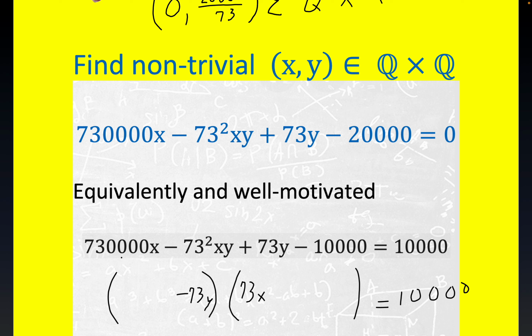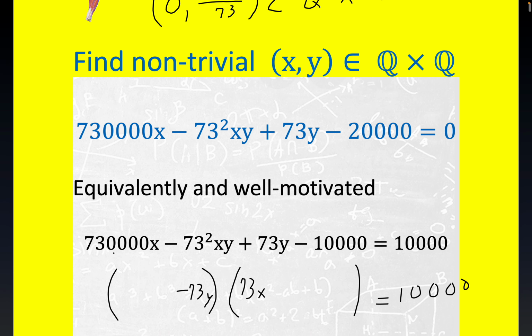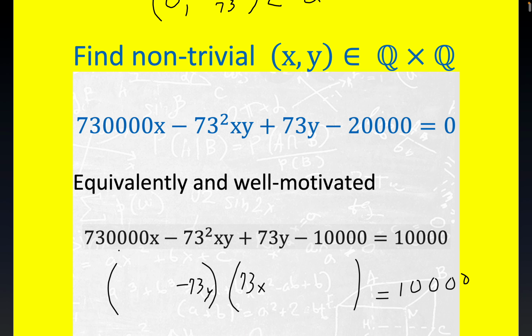Now we need for the 730,000 to happen, right? But what is the only way for that to happen? If you want 730,000x to happen, what do you need? You need 10,000 in this position here.